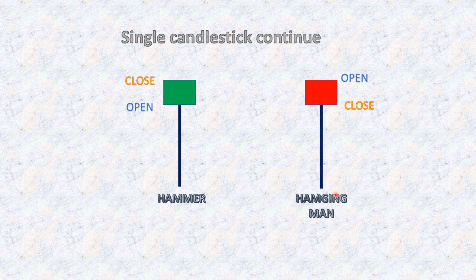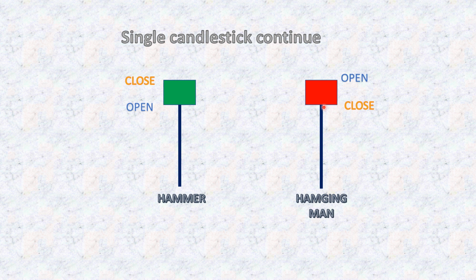Now the hanging man: the price opened here and decreased all the way to here, and because the buying power overcame the selling power, it pushes the price back all the way to this place and closes below the open price.